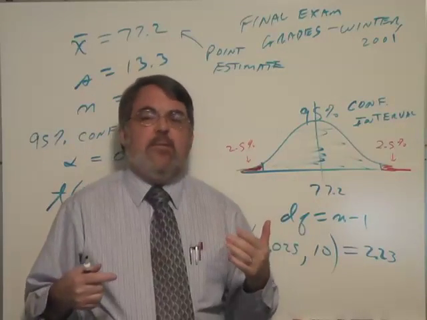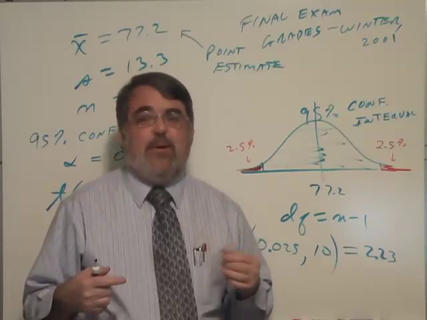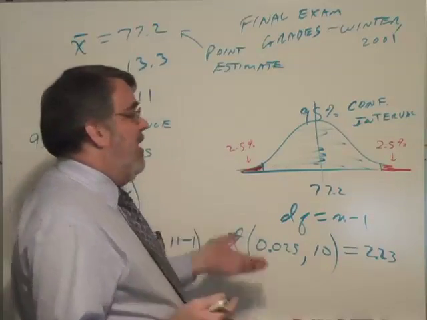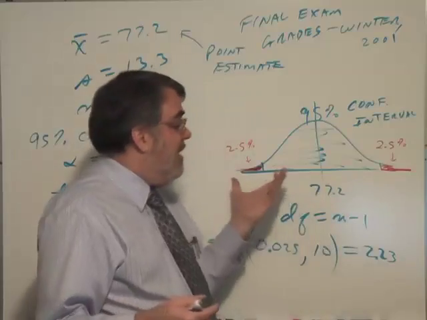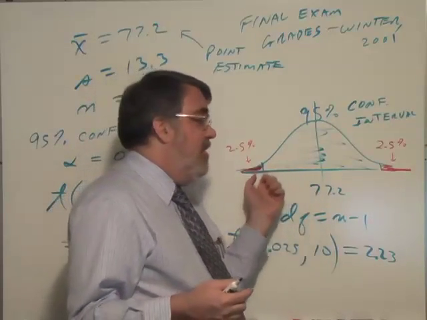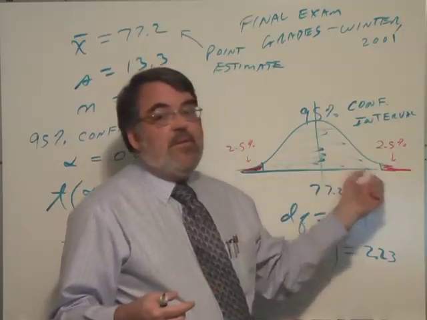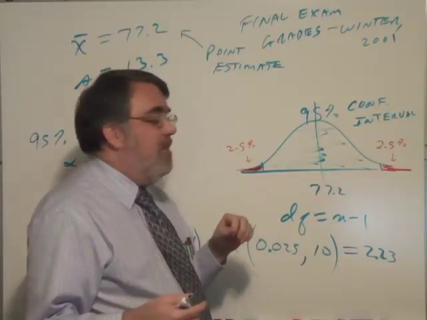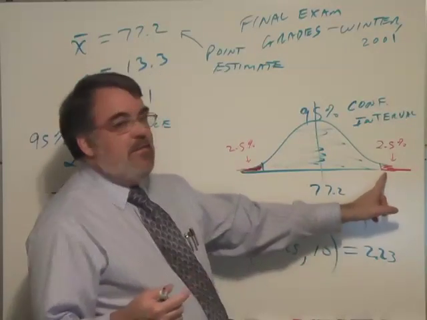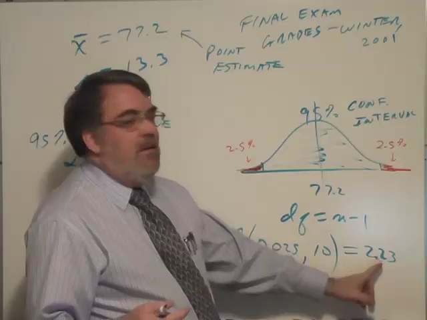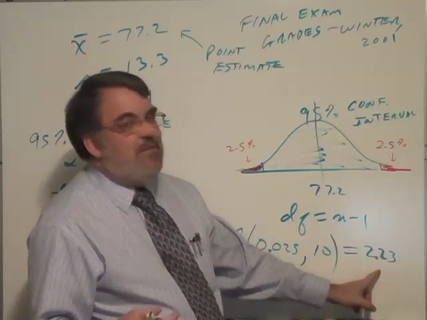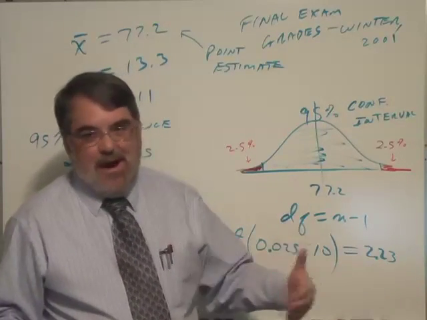Now you might recall the empirical rule. The empirical rule said that 95% of the data falls between -2 and +2 standard deviations. So empirical rule says it's about 2 standard deviations. For this sample, we're saying, well, it's really not 2, it's 2.23 is more accurate.